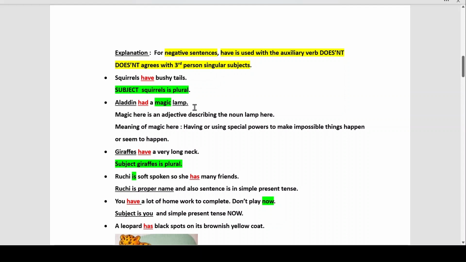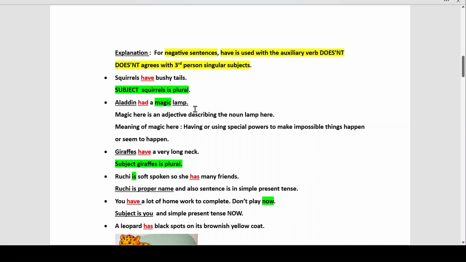Aladdin had a magic lamp. Now, see, over here, Aladdin is also a proper noun. But why are we using had and not using has? Because you will ask me that, ma'am, you said that Aladdin is a proper noun and we have to use has after that. But I am saying in such an exception, you will see the full sentence. You will see Aladdin dash a magic lamp.